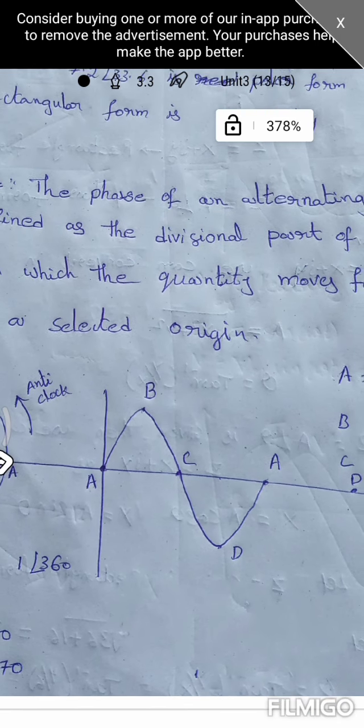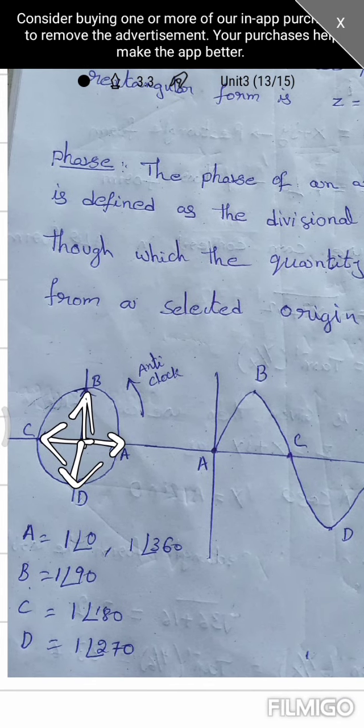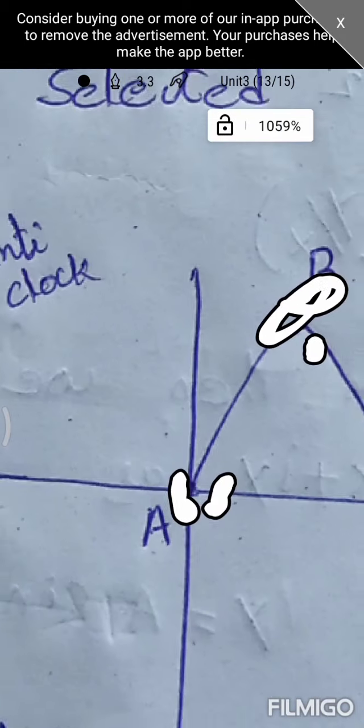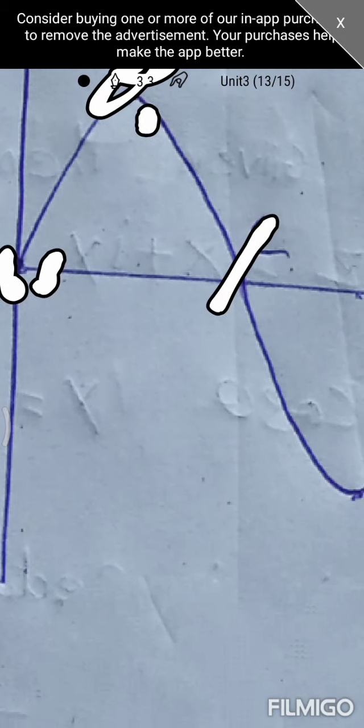So if you see point A, 1 at an angle 0, that means it is the 0 degrees. Next B, 1 at an angle 90, this is the point B. And similarly C, 1 at an angle 180.